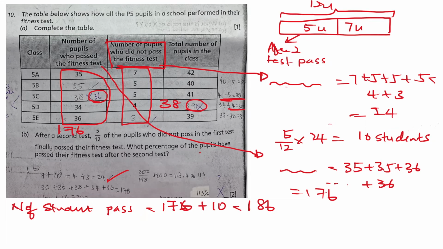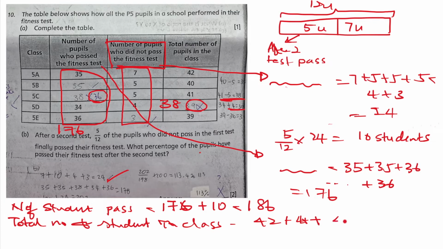That means the first and the second. But the total number of the students in the class, you need to add up the total number of students in class. Go and add up all this. You will have a figure of 200.